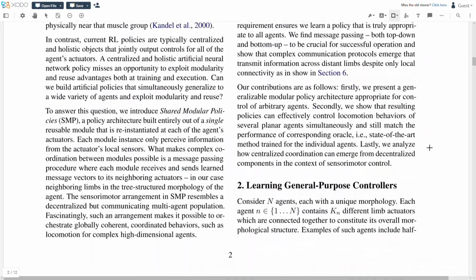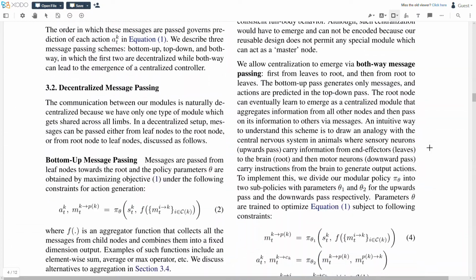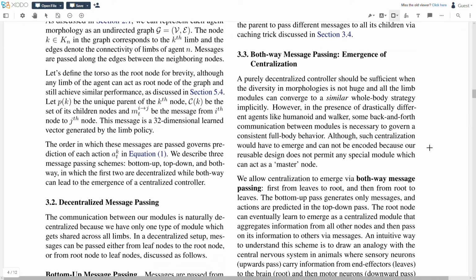Now let's look at a very important and interesting observation here. The emergence of centralization. I think this is the most exciting part of this paper. They observed that once we enable the both-way message passing, some master node emerges from all the nodes, all the body parts.